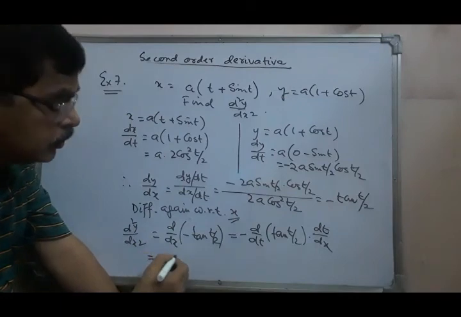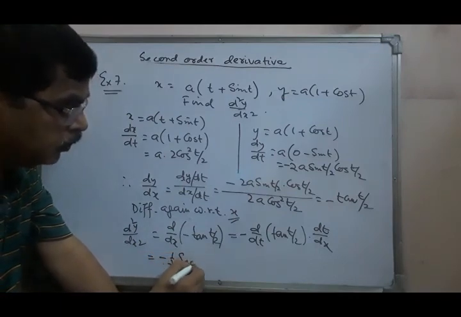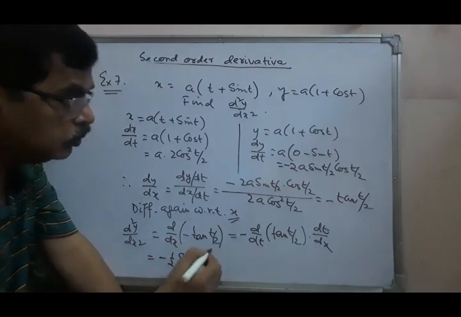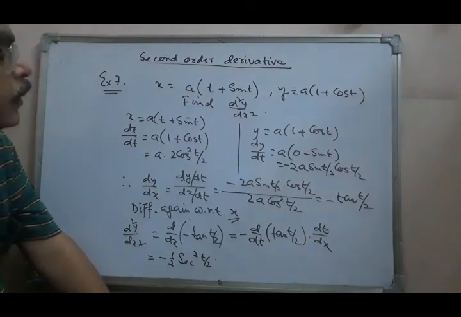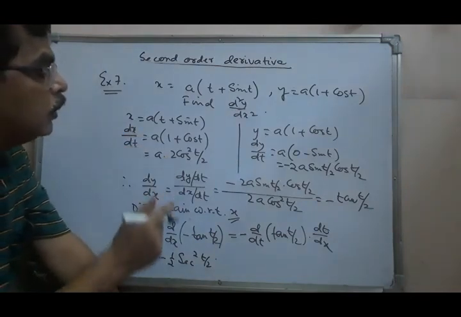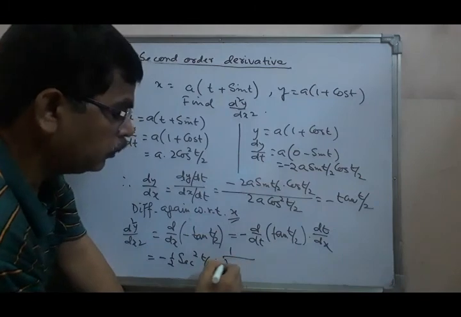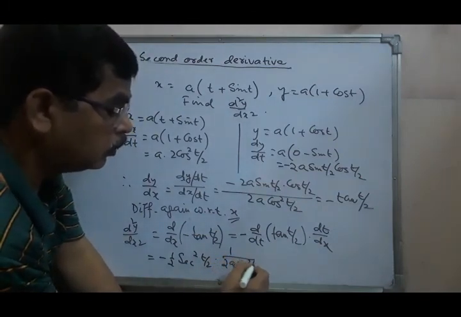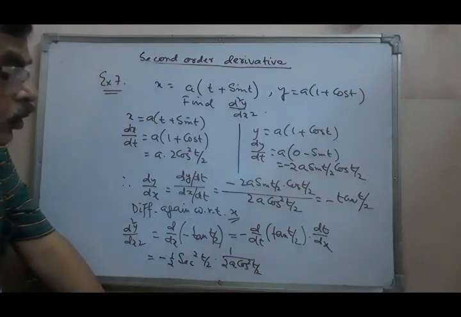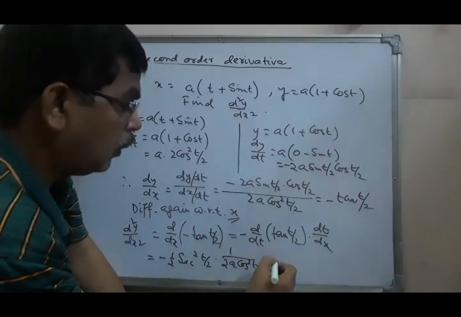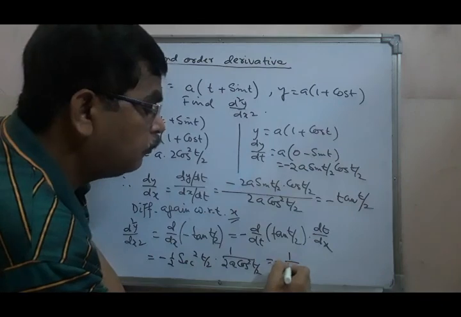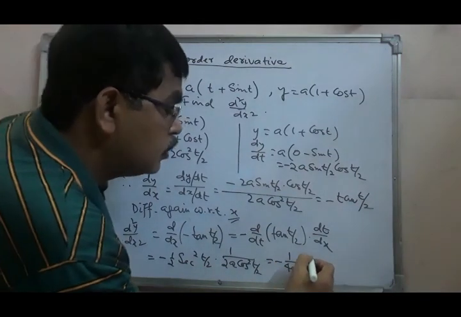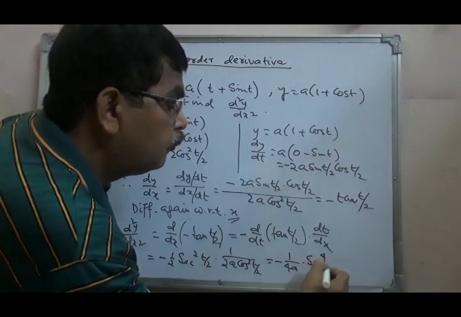It is minus half sec square t by 2 into dt by dx. So dt by dx will be 1 by 2a cos square t by 2. So minus 1 by 4a sec to the power 4 t by 2.